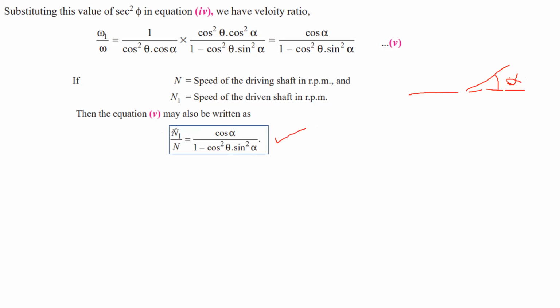You can also write it as n1 upon n, or omega 1 upon omega. You already know that omega is 2 pi n upon 60. Similarly, omega 1 is 2 pi n1 upon 60. So common terms will cancel out and you will get an expression like this. Note down this relation between the output or driven shaft speed and the driving shaft speed.